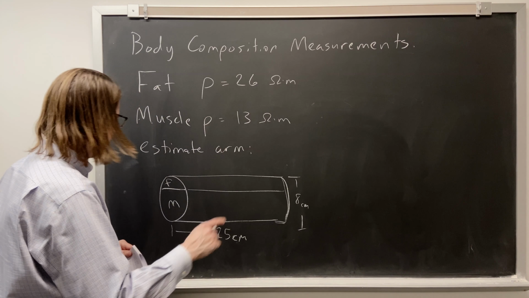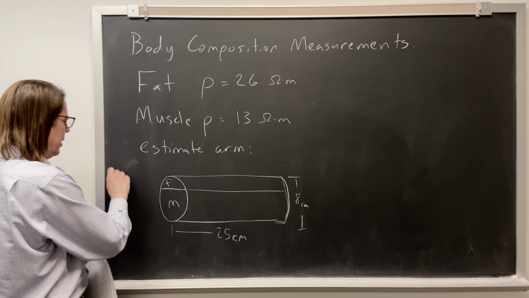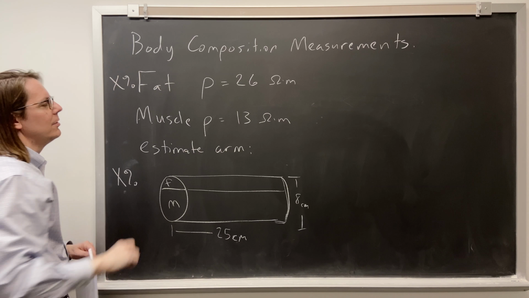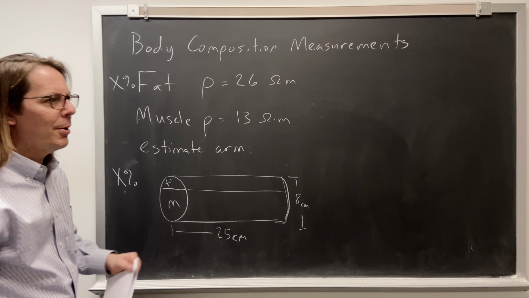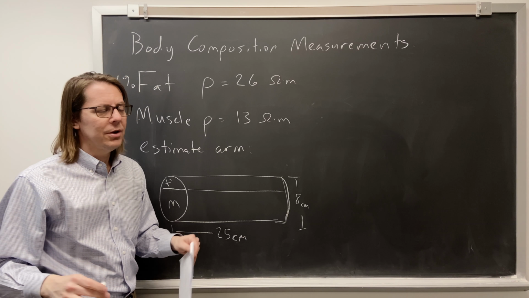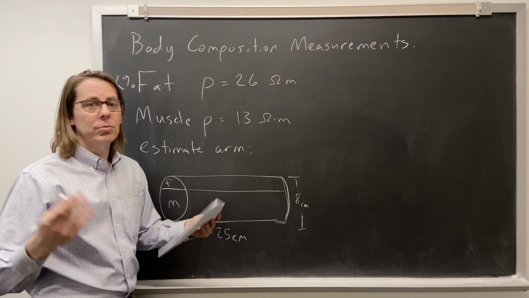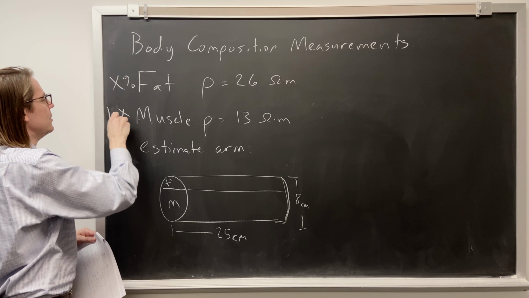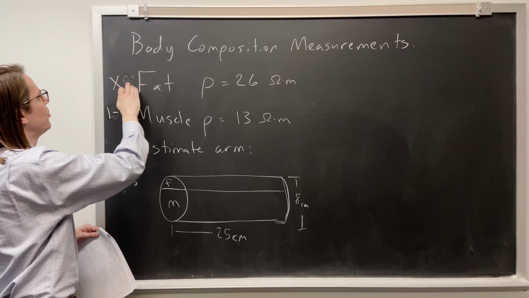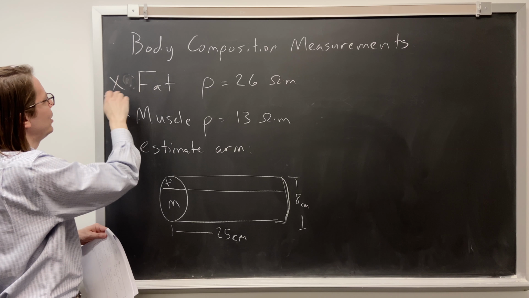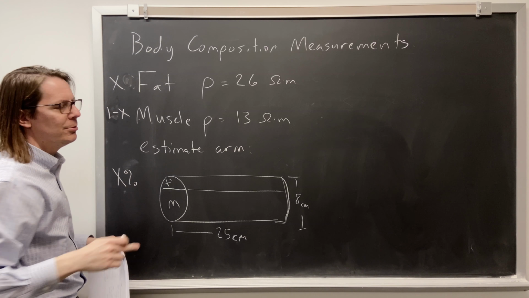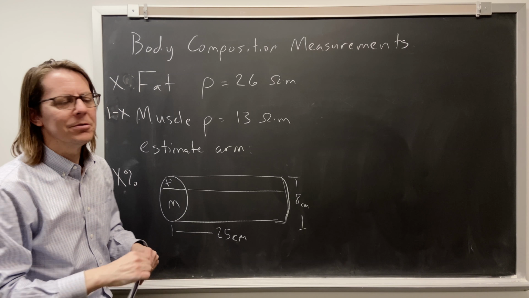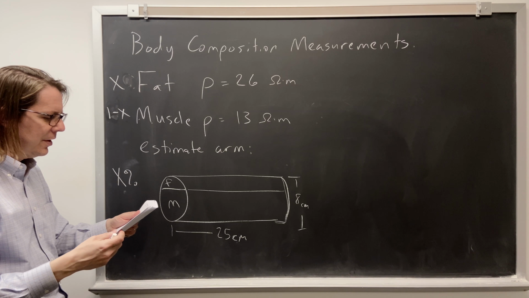Fat is X, that's your body fat. So if my body fat was, say, 12%, then muscle would be all the rest, 88%. 1 minus X is your muscle. We won't do it in percents, we'll do it as 0.12 for 12% body fat. Muscle would therefore be 0.88. No brain, no bones, no skin. That's all we are, muscle and fat.